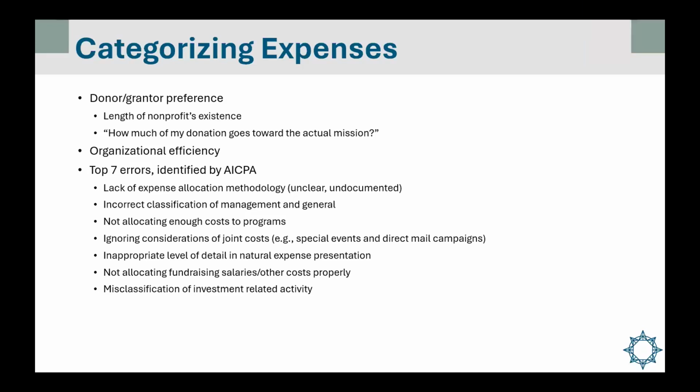Hey, Erin, we did get one more question. Can you clarify or re-explain what natural expense presentation is? Sure. So when I say natural classification, that is just at the very basic level of detail. What are you paying for? Personnel costs, which could be payroll, payroll taxes, fringe benefits, things like retirement, healthcare, etc. Rent, depreciation, utilities.